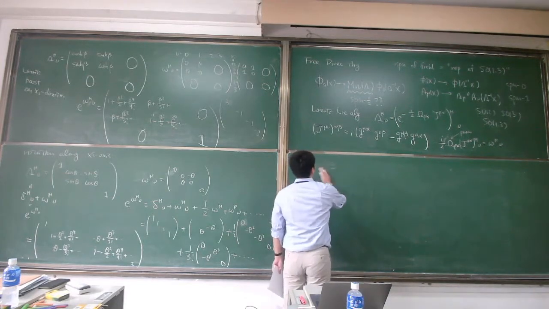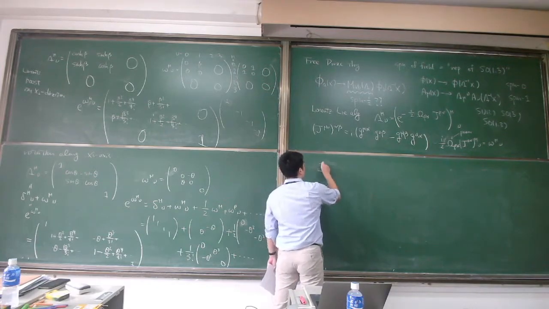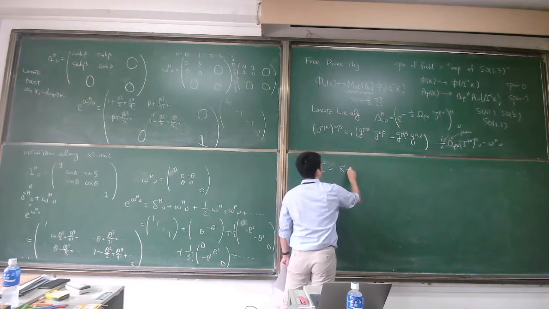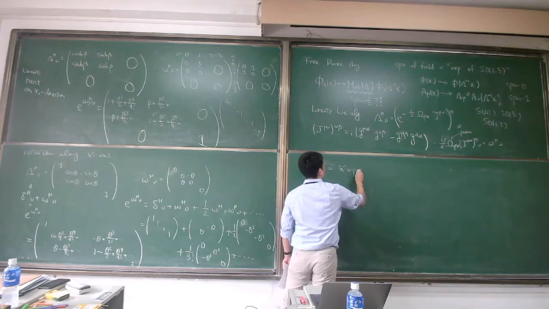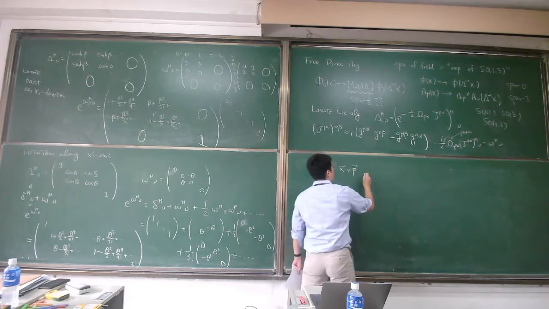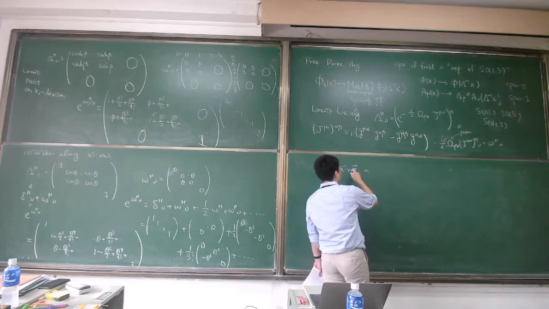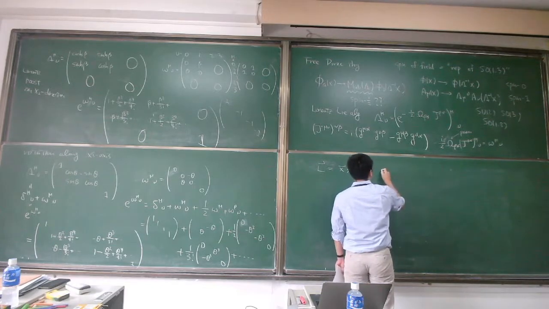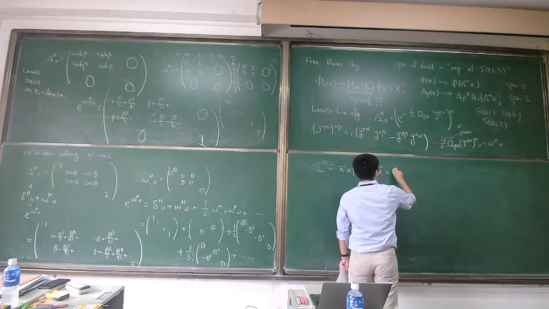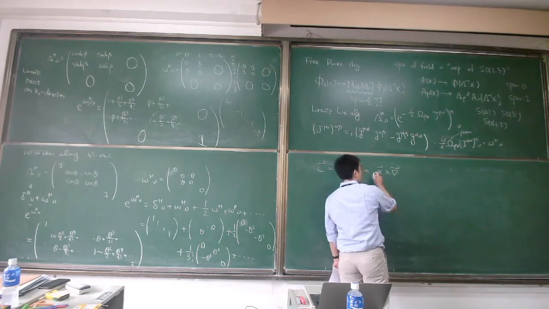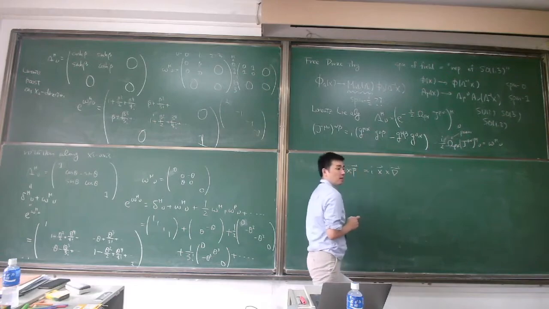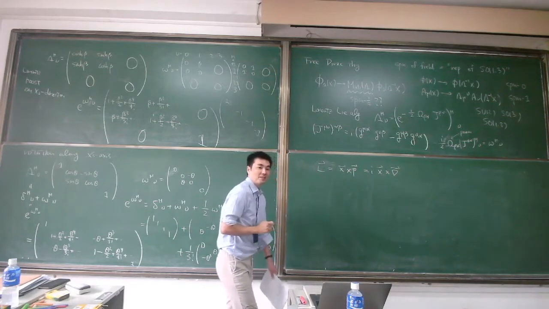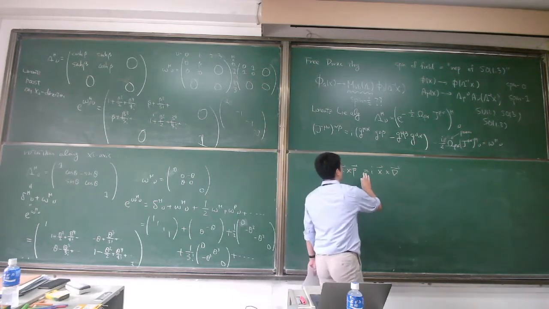So rotation. What you learned in quantum mechanics is that angular momentum is like this way. To make it a quantum mechanical operator, you just replace p by minus i nabla. Forgot the minus i. Okay, thank you very much.